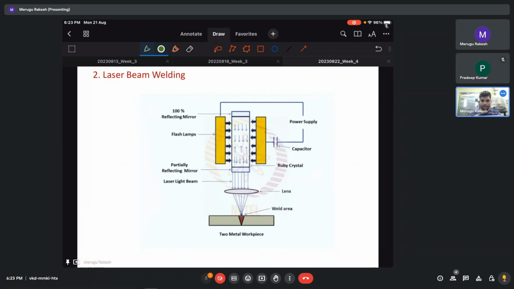Basically, for example, this is ruby or some source material which can generate the laser. We will have a 100% reflecting mirror and a partially reflecting mirror, so we will have population inversion when it happens. We will have a very high intensity beam, concentrated from a central source, which is directional, and then converged into a very small area. Hence, we are going to establish this weld.